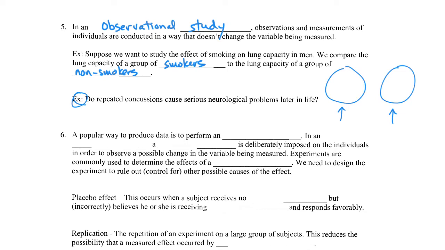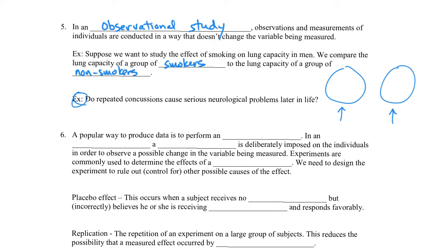So it's an important question, and definitely you can't do an experiment here and sign up a bunch of volunteers to get knocked in the head every so often and then look at results later. So instead, you would look at groups of people who participate in contact sports and compare that to a group of people who compete in sports that are not contact sports.